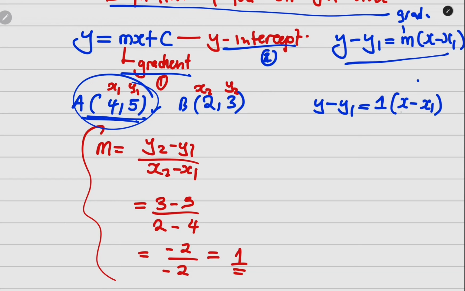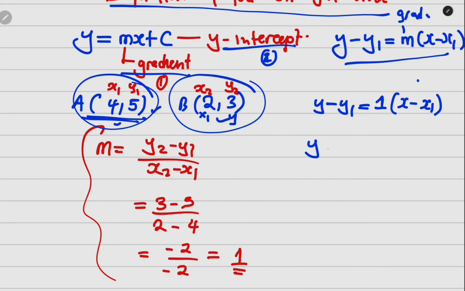Where you see x1 and y1, you pick any of the coordinates. Since at first we picked this one, let us pick the other one, which means this is x and this is y.